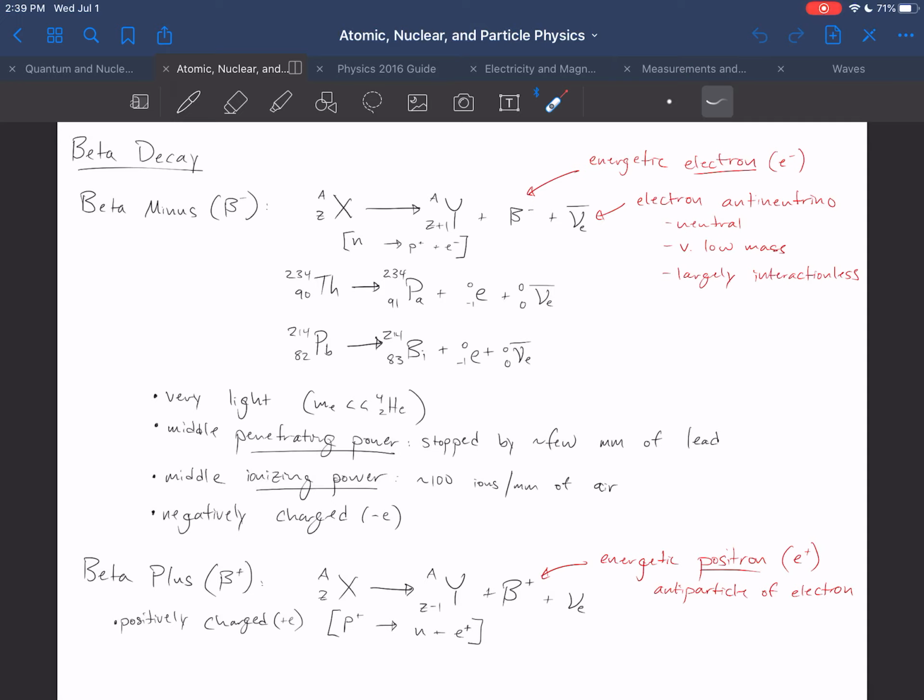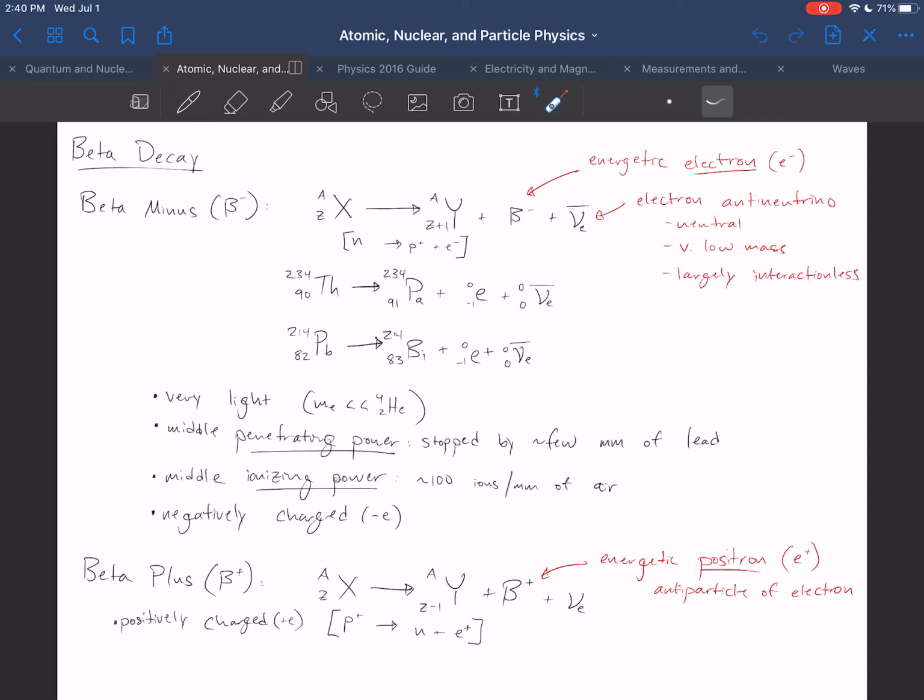So you do need some sort of barrier, but a few millimeters of lead will do it. And I think something on the order of 30 centimeters of air. It is sort of middle ionizing power, so about 100 ions per millimeter of air, and it is negatively charged because it is an electron.